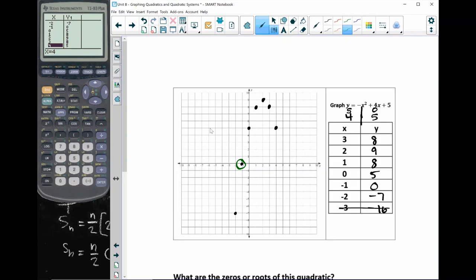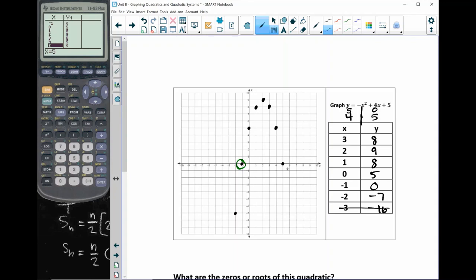There's my -1. But let's go down. There's another 0. Do you see that 0 right there? So when y equals 0, x can equal 5, which is what I wrote over here. So I'm going to graph that point. 5, 0 means I'm going to go to the right 5 and put a point there.